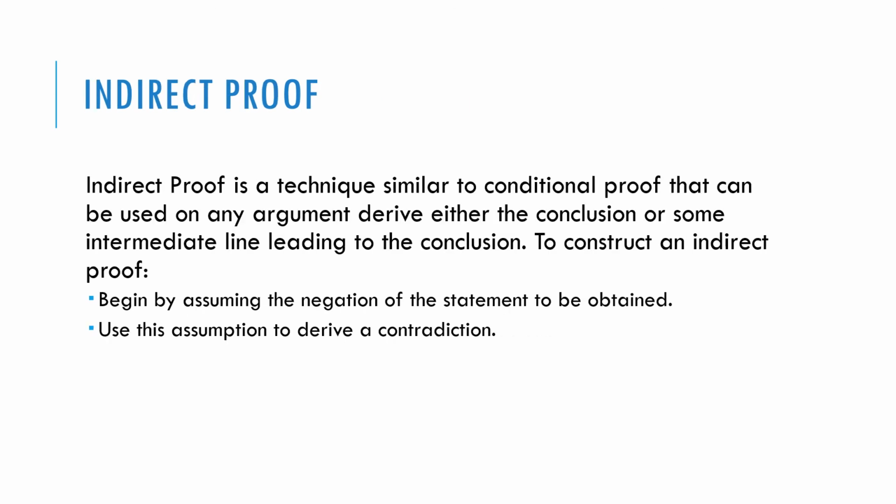Indirect proofs, on the other hand, are a technique that's similar to a conditional proof, but can be used on any argument that's derived either the conclusion or some intermediate line leading to the conclusion. So here, you would begin by assuming the negation of the statement to be obtained, and then use this assumption to derive its contradiction.